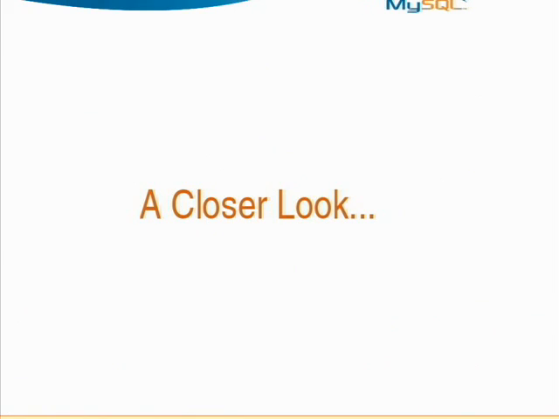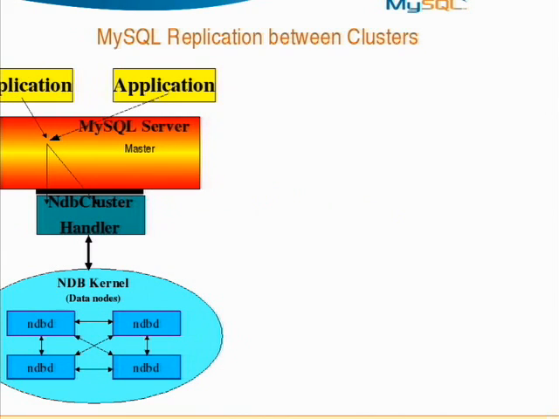So if we have a closer look at how this works, we have a master cluster here, where we've got a MySQL server that's going to act as our replication master. And applications could also query this, but more commonly you'll have them querying other nodes, so you have as much load spared for this machine as possible. You can also have NDB API programs coming in here, or other MySQL servers.